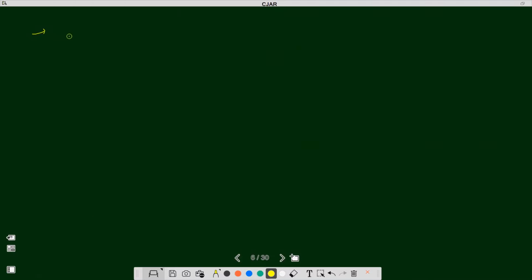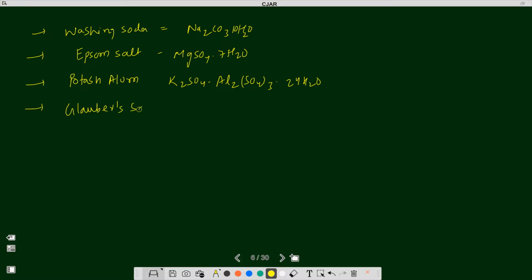Third one is potash alum, K2SO4.Al2(SO4)3.24H2O. Now, Glauber salt is Na2SO4.10H2O. NaCl is table salt. Blue vitriol is copper sulfate.5H2O.